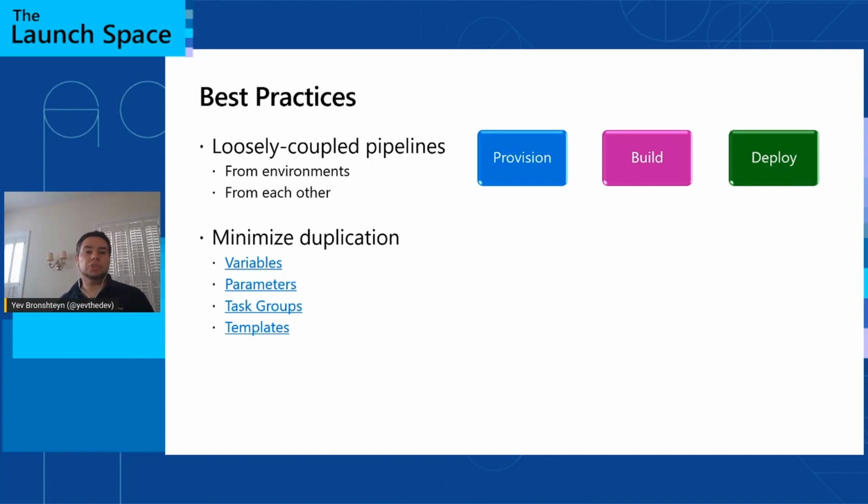You'll want to minimize duplication among your pipelines. You can use variables, parameters, task groups, and templates to use the same code, the same flow, the same logic across all your pipelines. This will eliminate customization you have to do from project to project or from environment to environment.